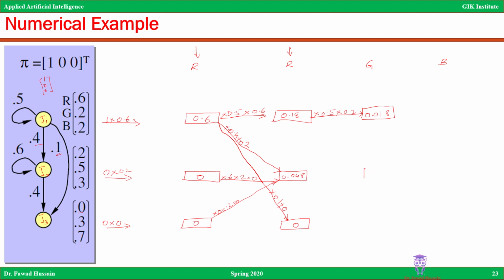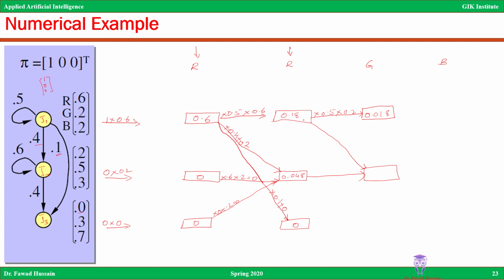Similarly, for the green ball to be in the second jar, I need to compute this, and I need to compute this. This is not necessary because there is no way I can move from the third jar to the second jar. So it's just going to clutter the whole thing.